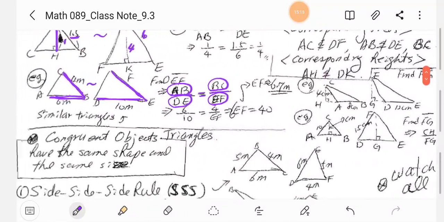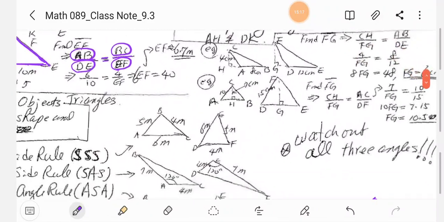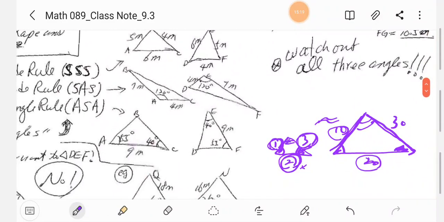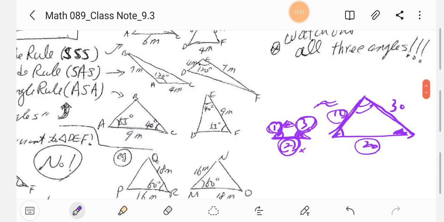Okay, and next, corresponding angles are, I just explained, right? Corresponding angles has to have the same location. Here's a triangle. Look at the triangle and then look at the side length.